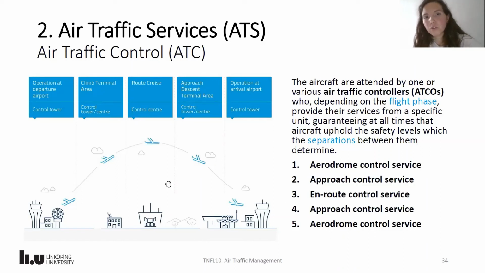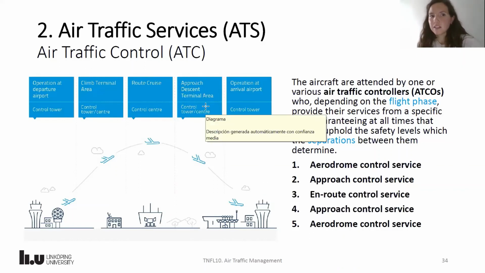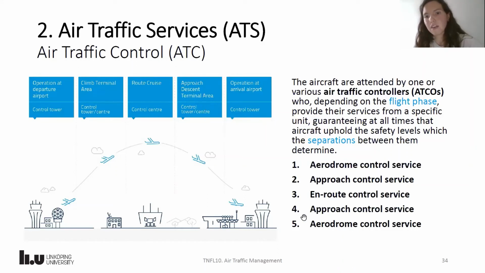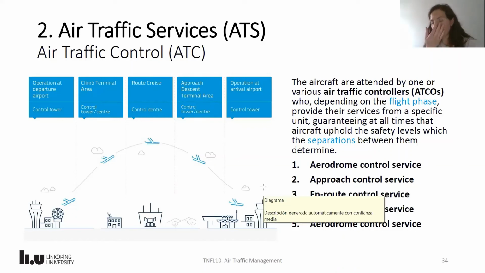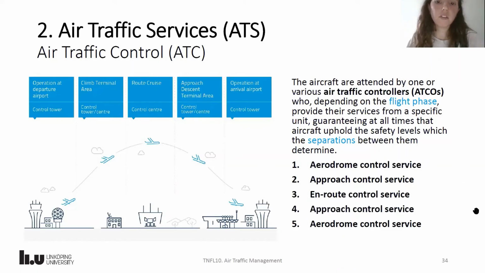Then we have the route cruise, which is managed by the en route control service or the area control service. Then we have the descent in the terminal area, which is again given by the approach control service. And finally, at the airport of destination, we have the aerodrome control service.